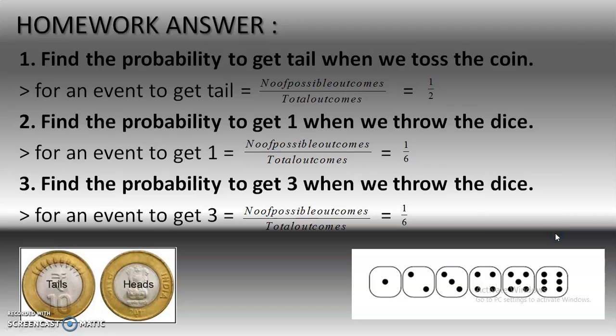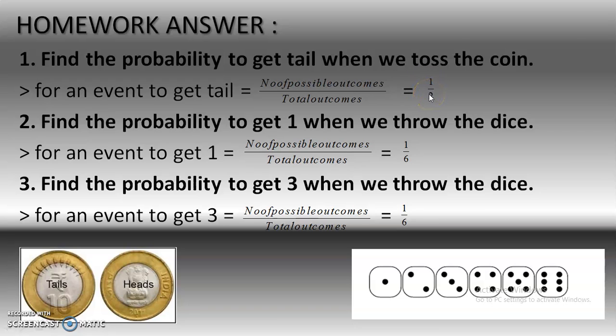Here is the homework answer. The first question is find the probability to get tail when we toss the coin. Check here, coin. For an event to get tail, the number of possible outcomes is only 1, because in a coin there is only one tail, and total outcomes are 2, head and tail, equals 1 upon 2.